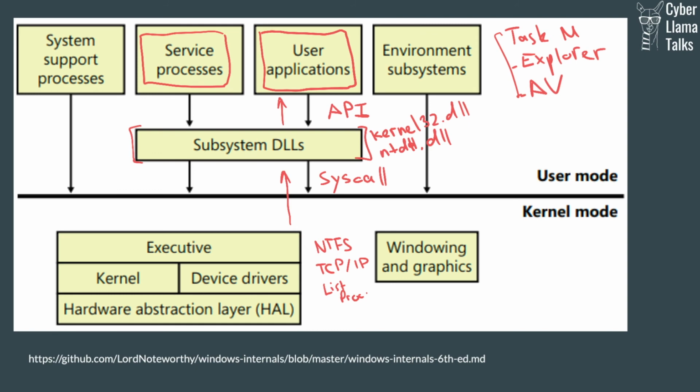That means if you're implementing a rootkit, you actually have multiple places where you can intervene in this process of API calls and fake the returned results. For example, you can intervene at the level of the API call. You can do something with the user mode DLLs. You can actually modify the kernel itself. Very often when people talk about rootkits, they say, oh, it's a kernel driver doing that.